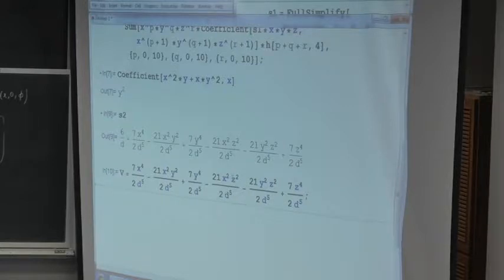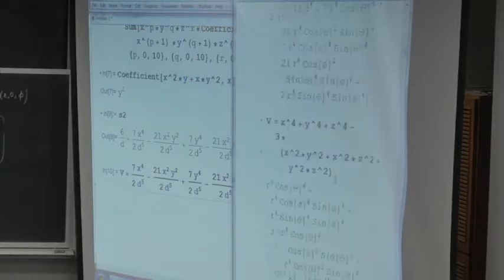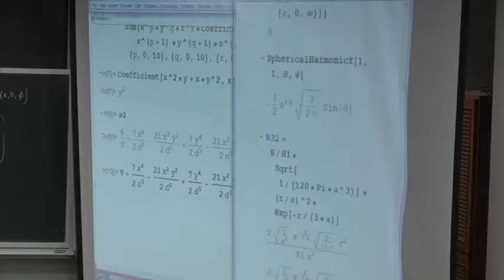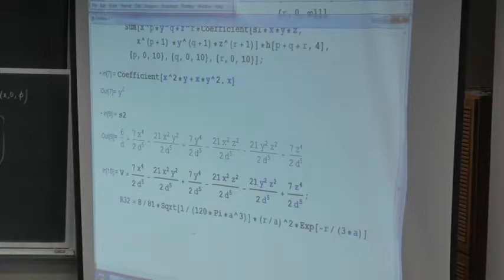First of all, I define my radial function. The radial function is picked up from the handout that I've given you. It's R32. Here it is, exactly similar to R32 in table 13.2: 8 over 81, square root of 1 over 20 pi, a cubed, r over a naught, where a naught is the Bohr radius, squared, into the exponent minus.